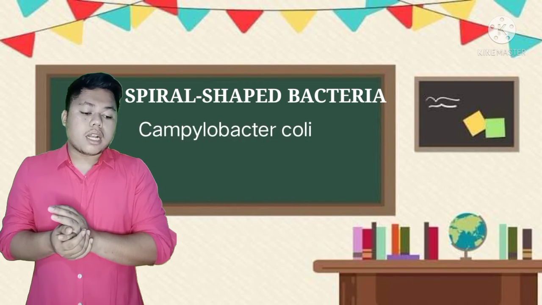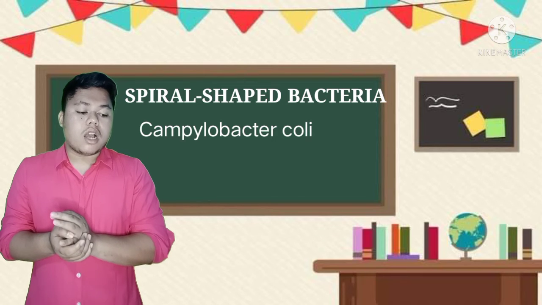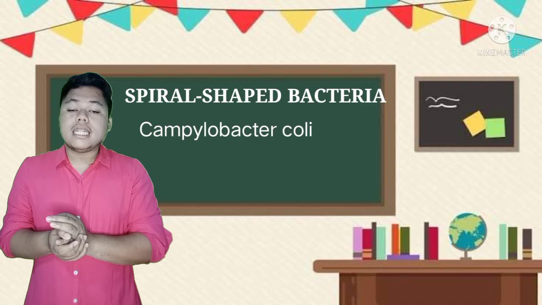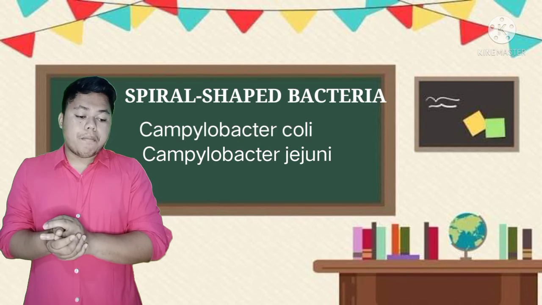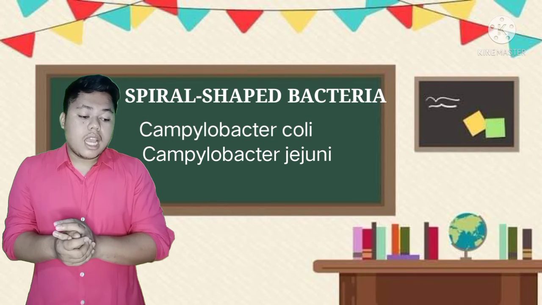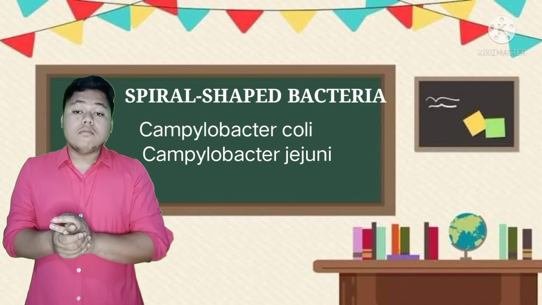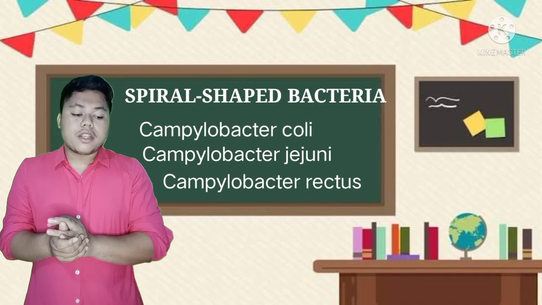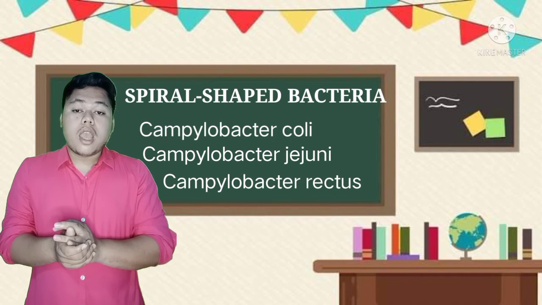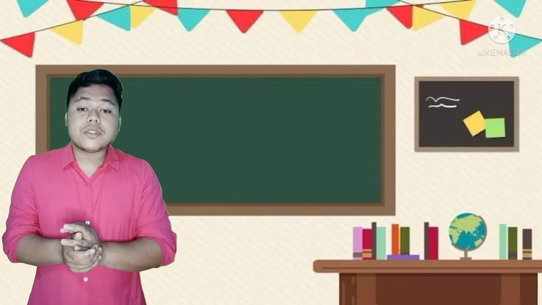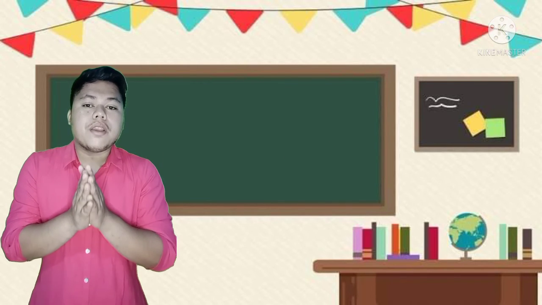Then the Campylobacter coli that causes campylobacteriosis and foodborne illnesses. The Campylobacter jejuni, the most common cause of food poisoning, and the Campylobacter rectus that causes periodontitis. Am I understood? Very good.